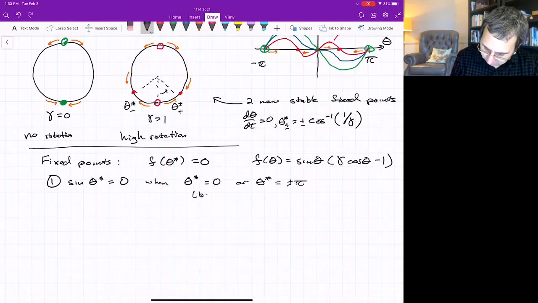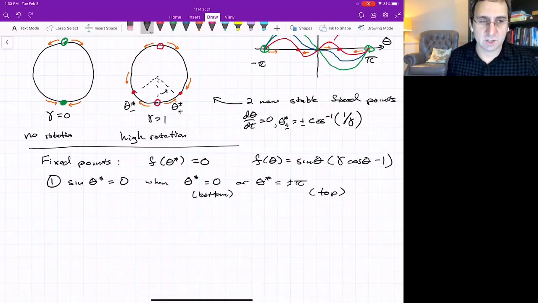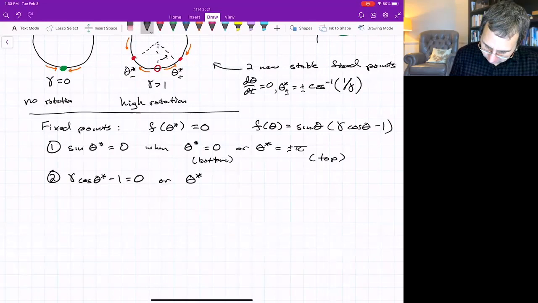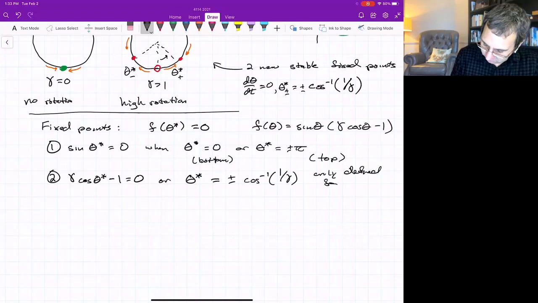So we have the bottom of the hoop and then the top position. The other case would be when gamma cosine theta star minus 1 equals 0, or theta star equals plus or minus inverse cosine of 1 over gamma, only defined for gamma greater than 1.